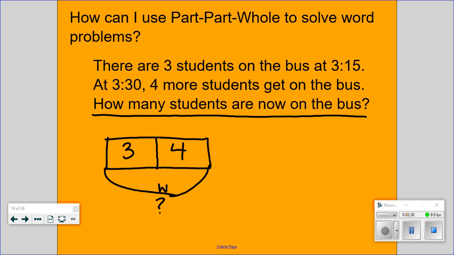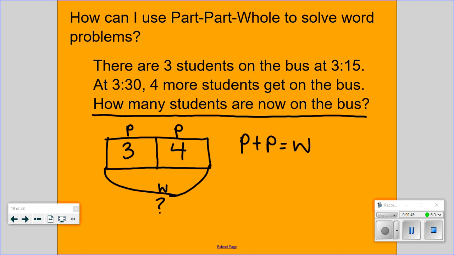Now, each of my smaller boxes represents a part. So in this problem, I have 2 parts, and then 1 whole would be the total parts all pushed together. So to solve this problem, it would be part plus part equals whole.